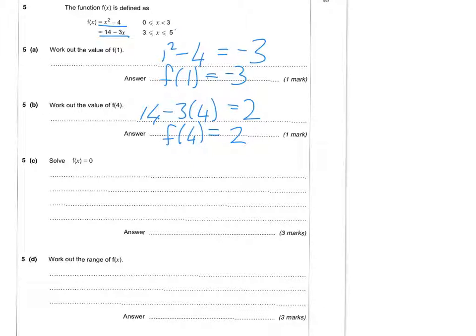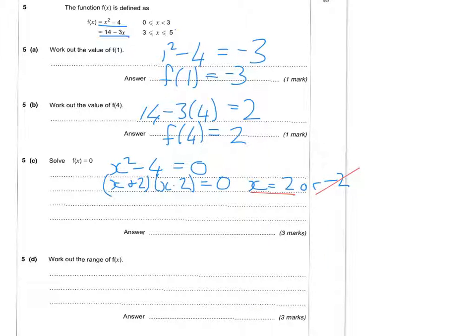Okay, so let's try the first one. x squared minus 4 equals 0, so that's x plus 2, x minus 2 equals 0, x equals 2 or negative 2. Negative 2 is less than 0, so x could be 2. x equals 2.